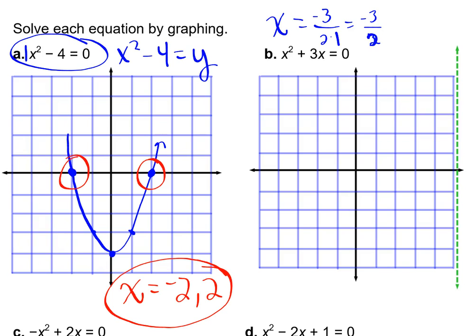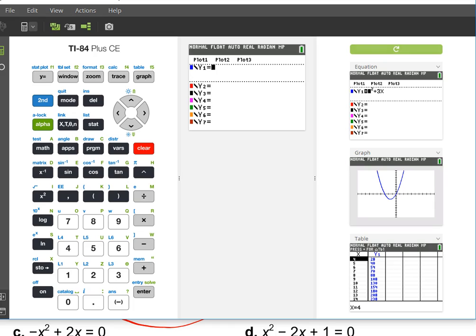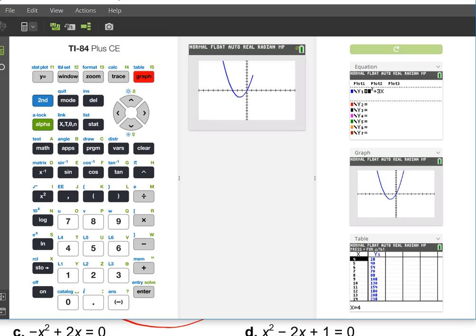And since I have access to a graphing calculator, I would go ahead and grab my graphing calculator. I go to the y equals screen and I plug in whatever my equation is, x squared plus 3x. And then I want to go to the graph and look for where does this graph cross the x-axis. It looks like negative 3 and 0.